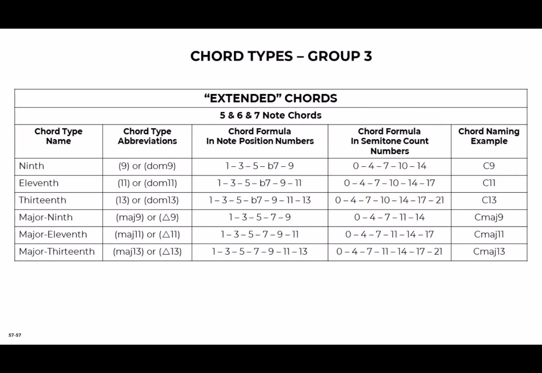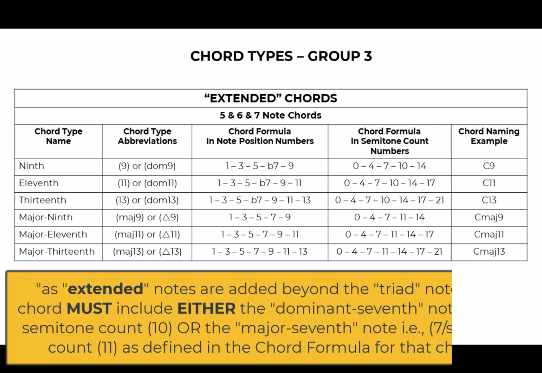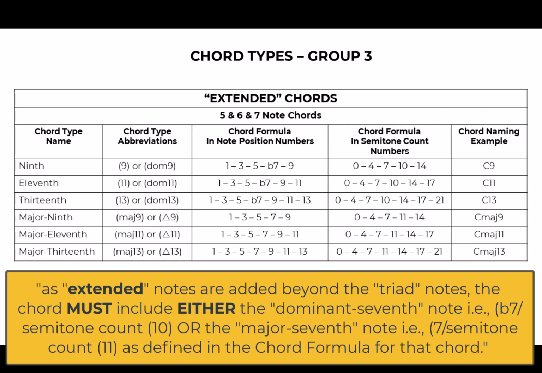Although most of these chords are used infrequently, they do show up in songs from time to time. To start, I'll show you the dominant 9th, the dominant 11th, and the dominant 13th chords, and then cover the major 9th, major 11th, and major 13th chords. Another unique feature about the extended chords is that as the extended notes are added beyond the basic triad chord notes, the chord must also include one of the previous 7th notes.